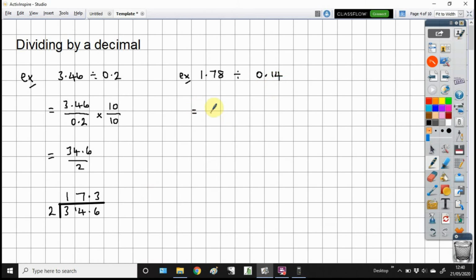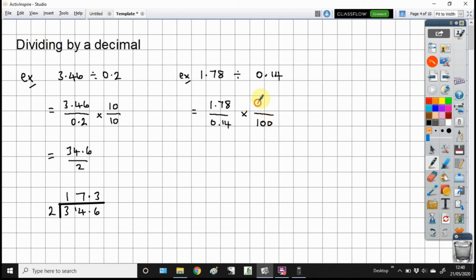The same process. Consider the sum as a fraction and start thinking about equivalent fractions. Now, what would you multiply this 0.14 by to change the denominator into a much easier whole number? You would multiply by 100.